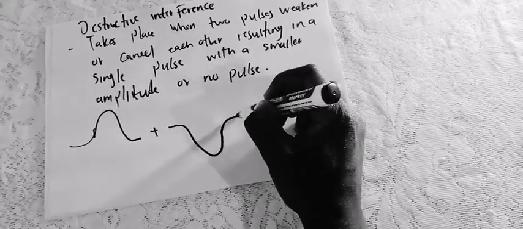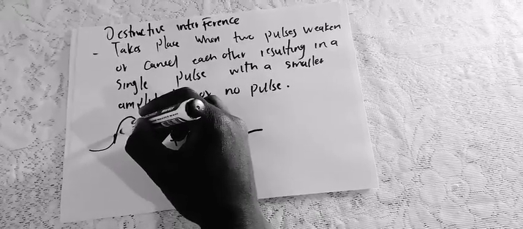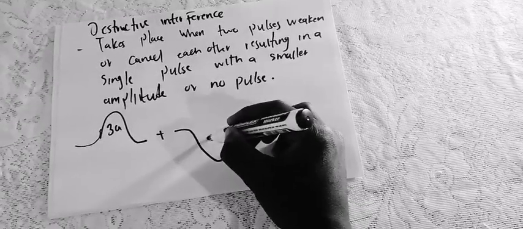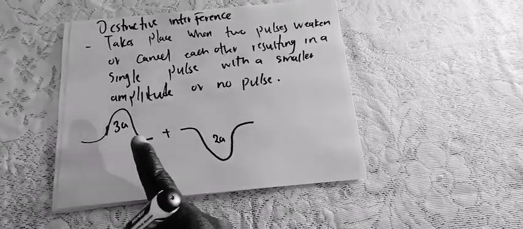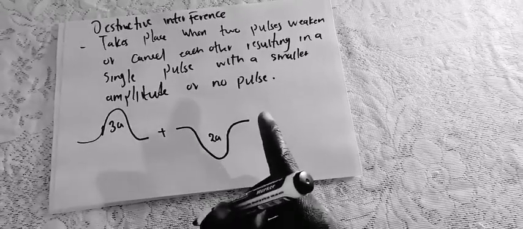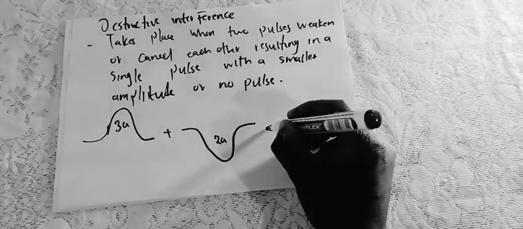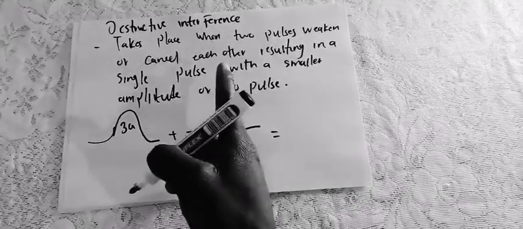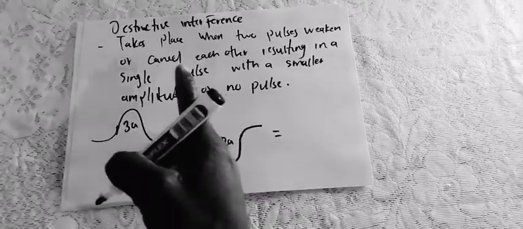This is how you see that this is a destructive, because the pulses are weakening or cancelling each other. When they ask you, why do you say this is a constructive interference or this is a destructive interference? This is a destructive interference because the two pulses weaken or cancel each other, resulting in a single pulse. So when we're calculating the resultant pulse, we did what?